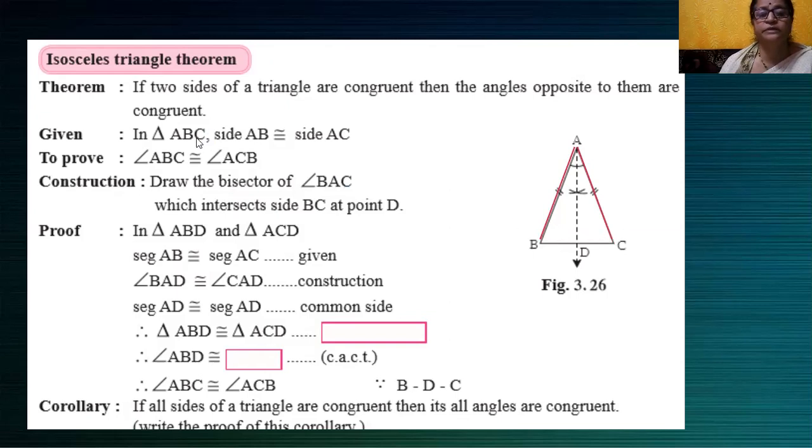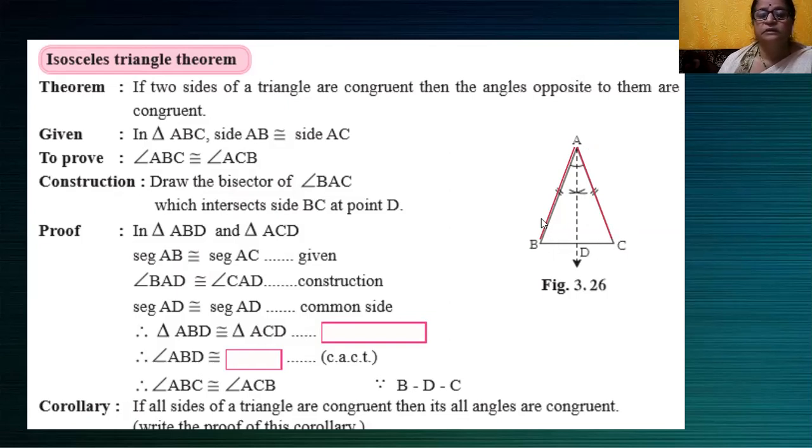What is given is: in triangle ABC, side AB is congruent to side AC, and we have to prove that angle ABC is congruent to angle ACB.